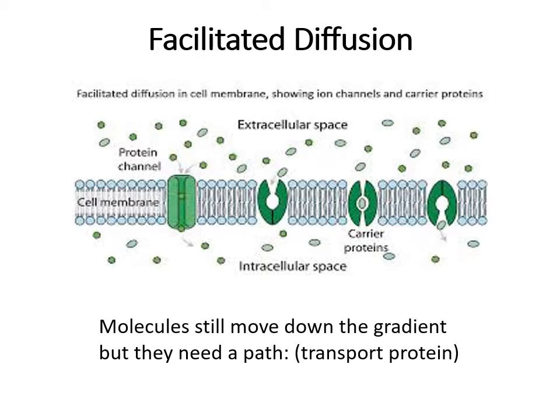Okay, and when we're talking about diffusion, molecules are going to go down gradients. Some can go right across the plasma membrane, others use transport proteins. Okay, so some of them are channels, some of them are carrier proteins where they'll open on one side to let the molecule in and then open on the other side to release the molecule.